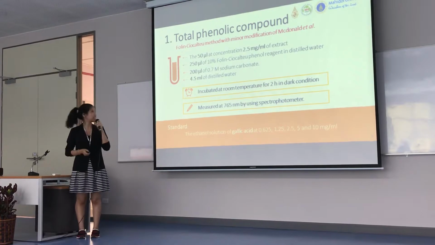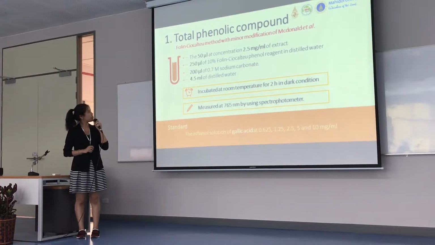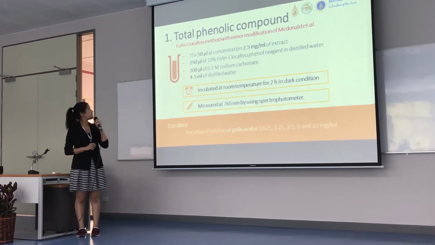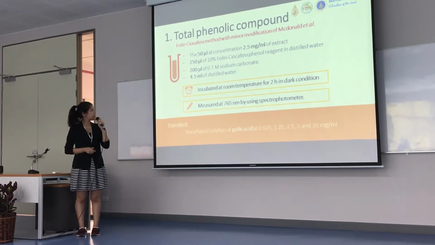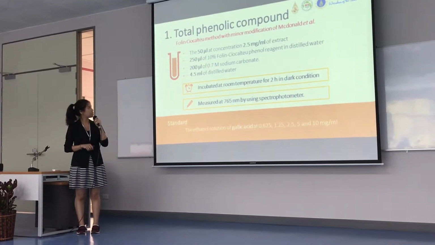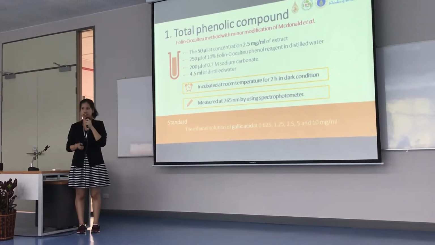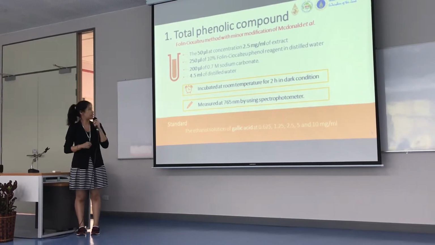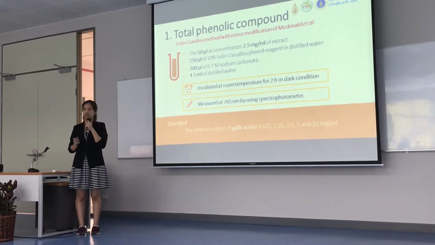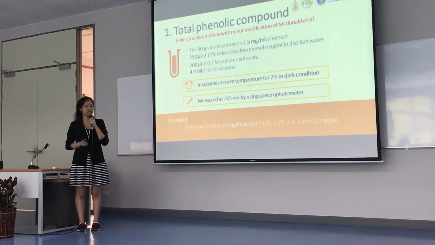For the first objective, to evaluate the total phenolic compound, we used the Folin method with minor modification. Briefly, the extract was mixed with Folin phenol reagent, sodium carbonate, and distilled water in a test tube, and incubated at room temperature for 2 hours in dark conditions.